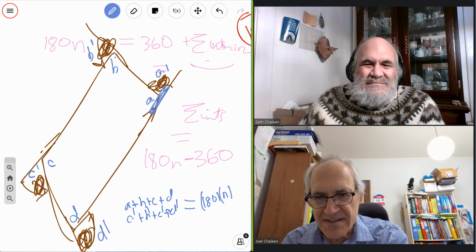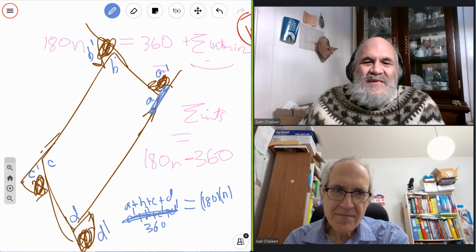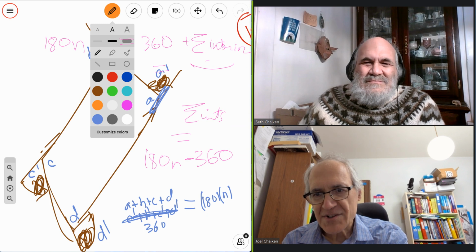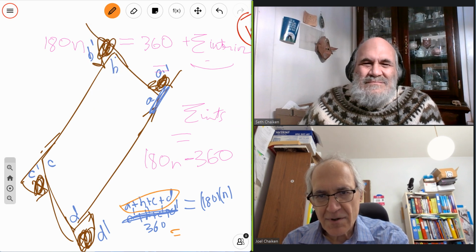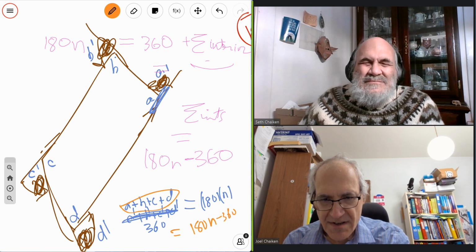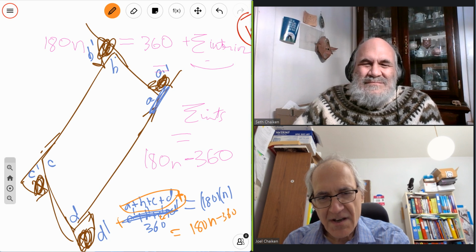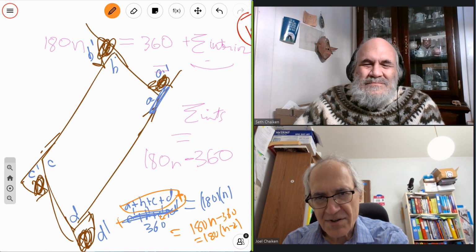Well, we know that these exterior angles sum to 360. So we know that the sum of the internal angles equals 180n minus 360, because these are added, not multiplied, added to 360. So we factor out the 180 and we get n minus 2, and that's the sum of the internal angles.